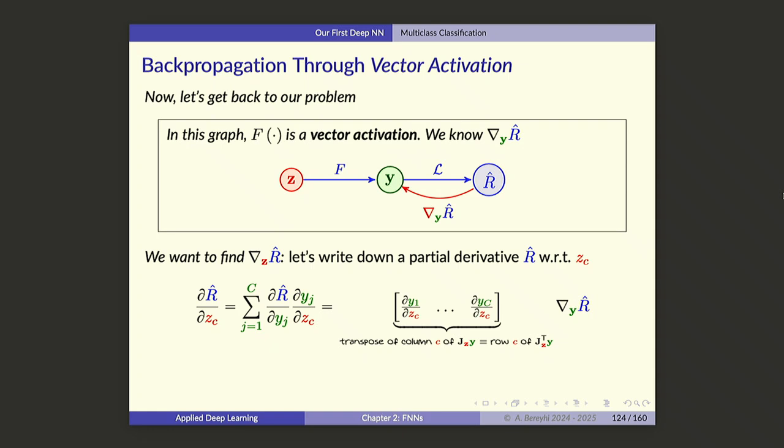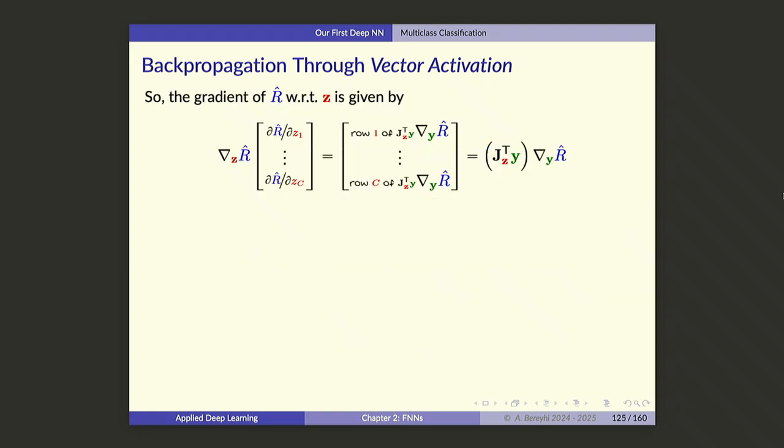And then if you again sort it out, as we did before, just to fix the dimensions, you're going to see at the end that the gradient, I think I again forgot one equal sign here, so it's going to be gradient of r hat with respect to z equals the transpose of your Jacobian times your already available gradient.